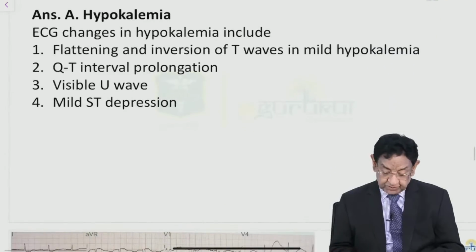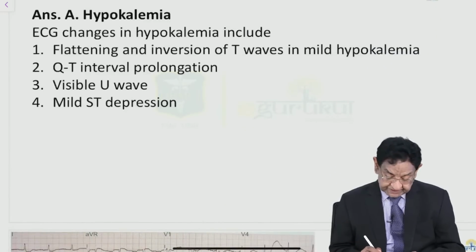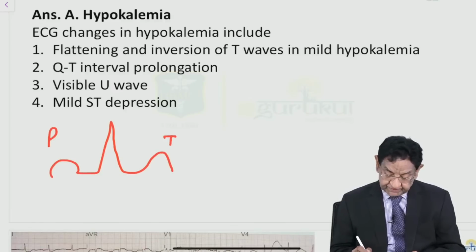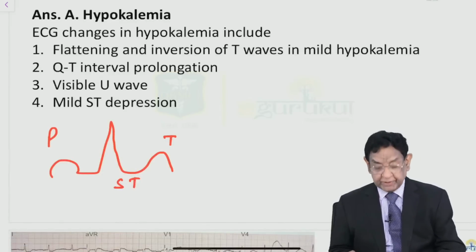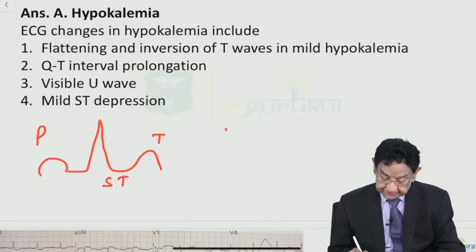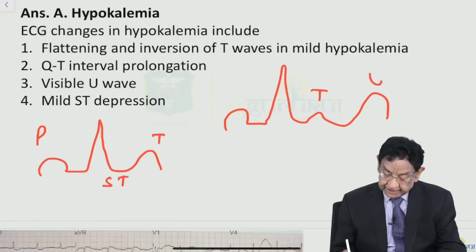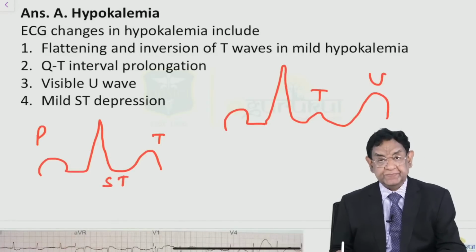So let me tell you what happens in the ECG findings. This is a normal recording: P wave, T wave, ST segment. When hypokalemia starts, initially the T becomes short and a U wave appears.